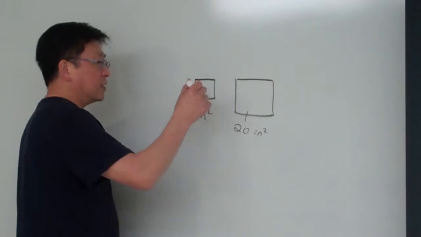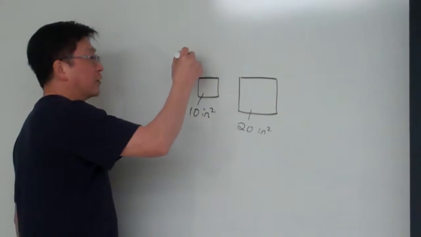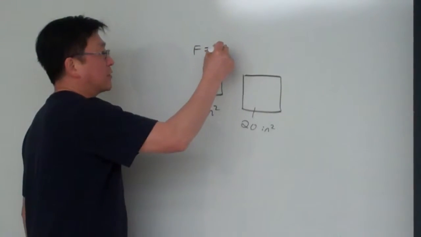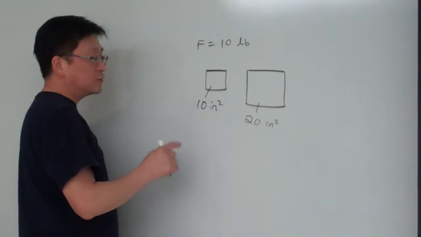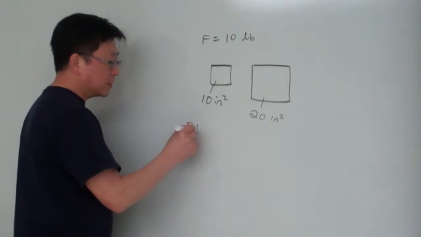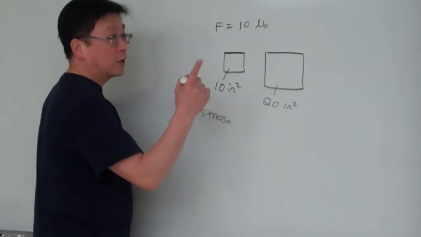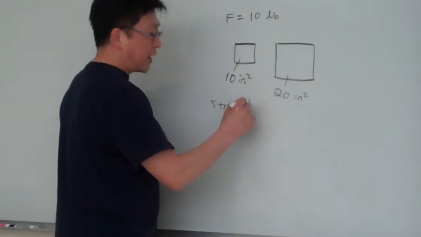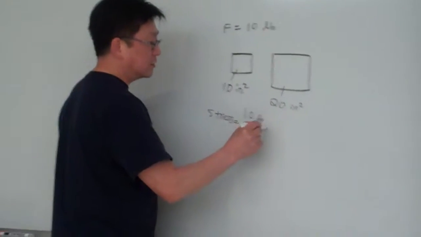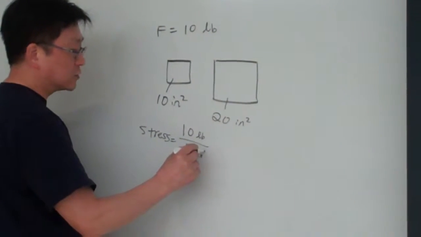And say if I apply the loading here, say this is 10 pounds. So in our calculation, the stress for this case will be equal to loading divided by area: 10 pounds divided by 10 inch square.